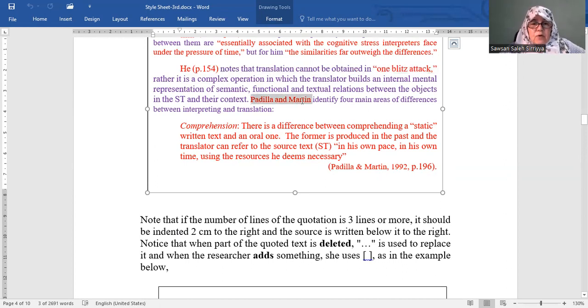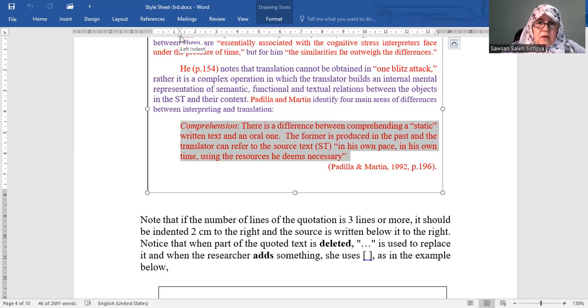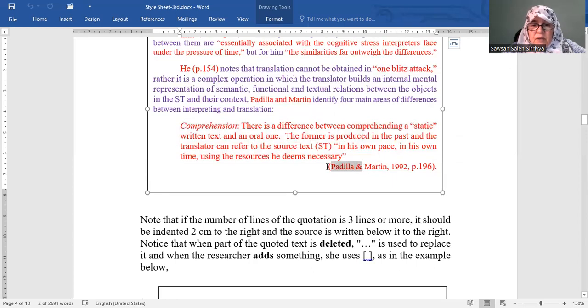Notice here you have 2 authors. When you have 2 authors, I use and in the body of the text. But when I quote, notice this quotation is more than 3 lines. This is why it is indented for 2 centimeters. Here I use Padilla and I use this symbol, Yani, between parentheses.